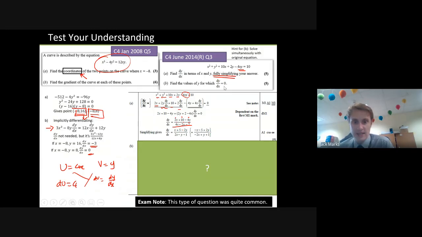Find the values when dy/dx equals 0. So when is that fraction equal to 0? Have a think about that for a second. When can you get a fraction where the answer is 0? There's only one way you can do that. The numerator must be equal to 0.